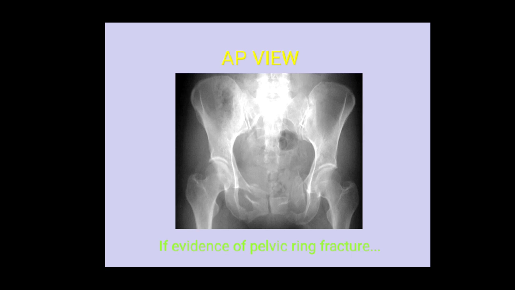And then you should continue with additional methods of investigation, as this will give you much more information about the fracture type and will allow you to plan your treatment. So the standard protocol is the so-called AP view of the pelvis. This is a standard view, and most severe fractures you can see on this X-ray.